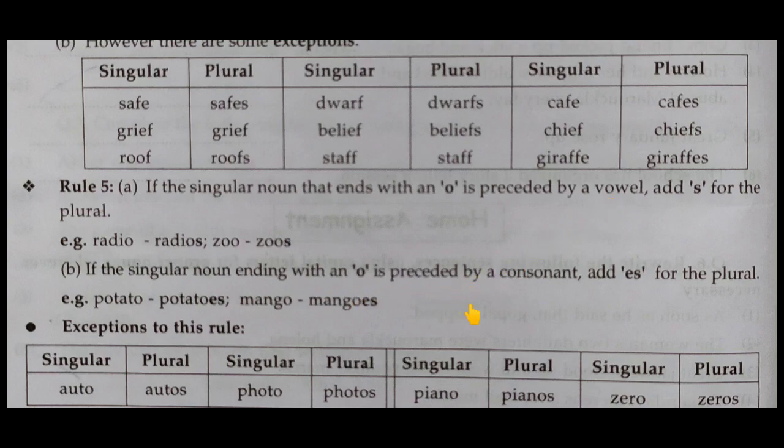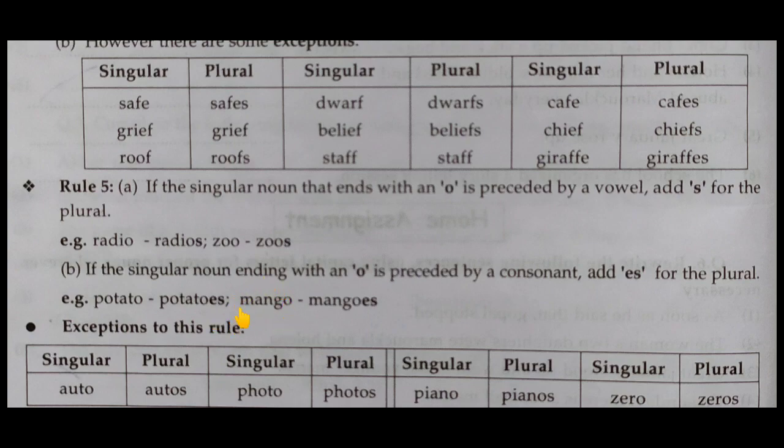If it ends with o and is preceded by a consonant, meaning other than a, e, i, o, u, then we have to just add es for the plural. Here are the examples. Potato. The word ends with o, but it is preceded by t. So we have to just add es at its end to make it plural.